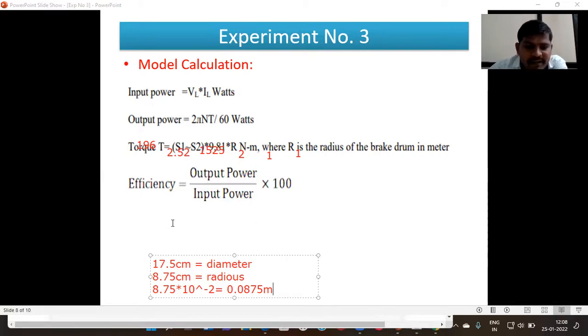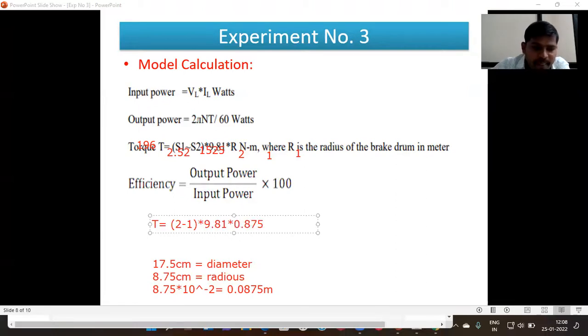Okay, 9.81. जर पहिल्याचं कॅल्क्युलेशन केलं तुम्ही, टॉर्क T is equals to S1 minus S2, 2 minus 1, into 9.81 into 0.0875. याचं जे काय आन्सर येईल तो टॉर्क येईल पहिल्या कंडिशनचा.